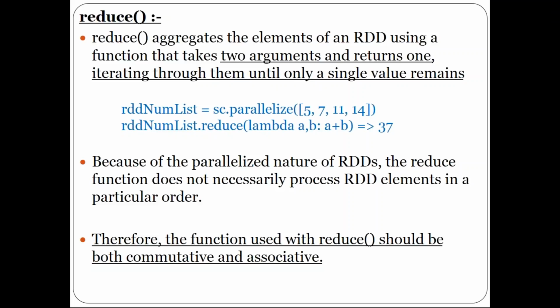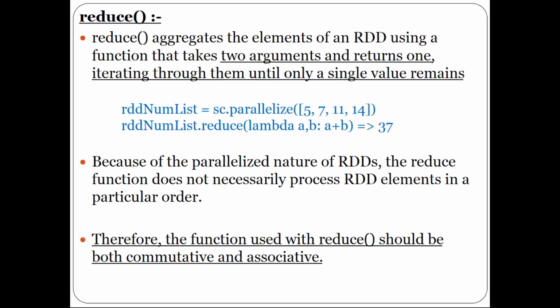So theoretically we are pretty aware how reduce works, and practically also. But the condition that you must keep in mind when you implement reduce is that your function used must be commutative and associative.